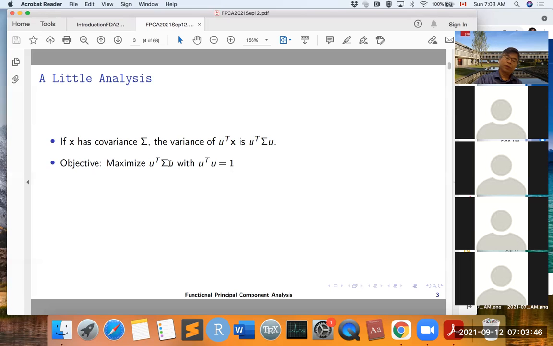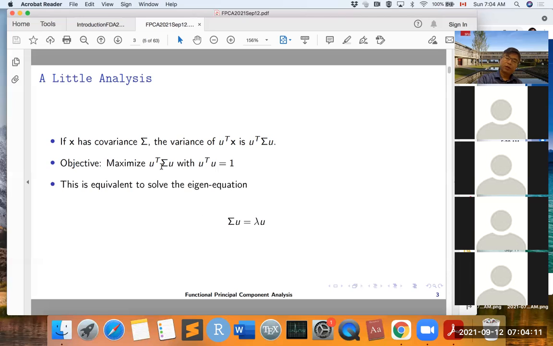So here we constrain the length of u to be equal to 1 and maximize the variance of the projection. When we do this, we learned in algebra that this optimization problem is equivalent to solving the eigenequation problem.